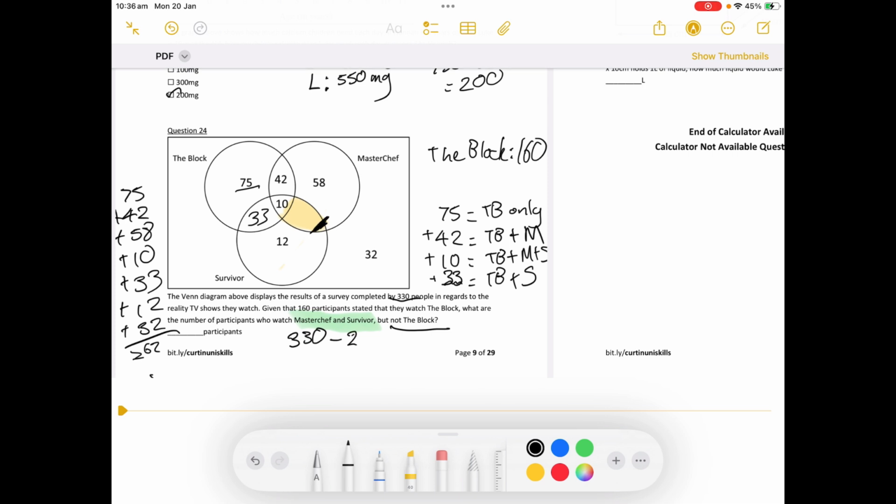So I'll do 330 minus 262, and that'll tell me how many people I missed. That's 68 people. So that means 68 goes here. So 68 people watch MasterChef and Survivor, but not The Block. There we go.